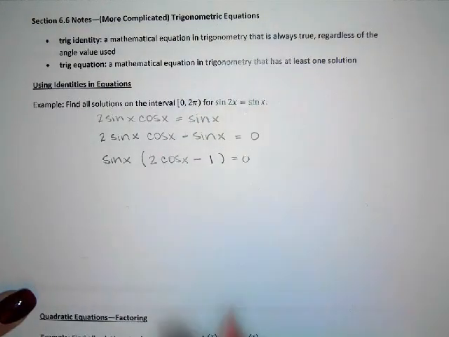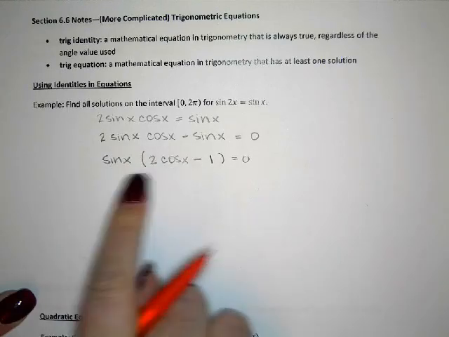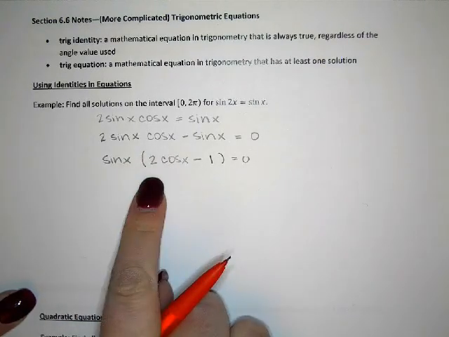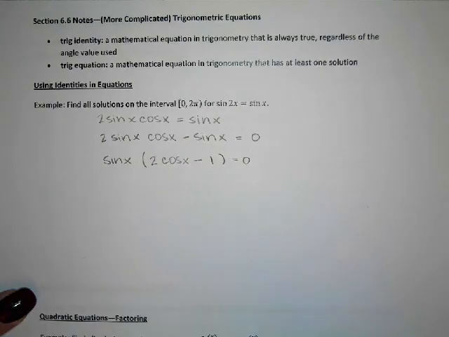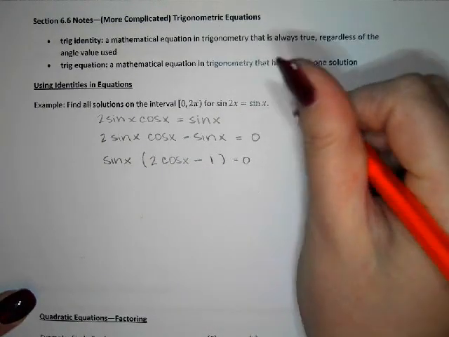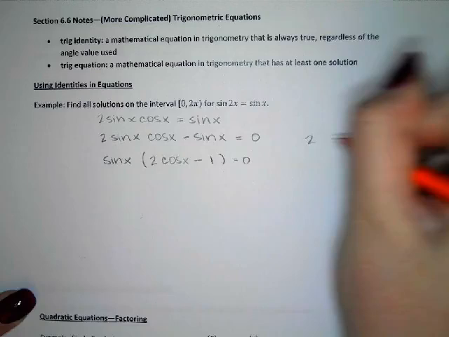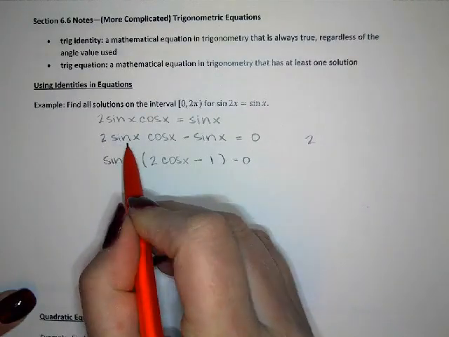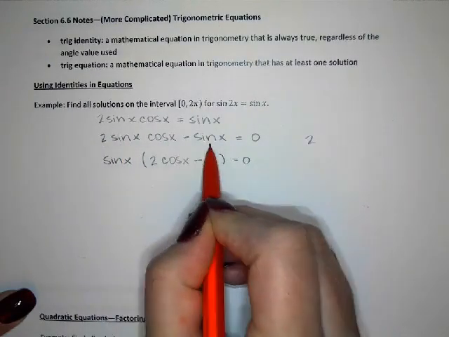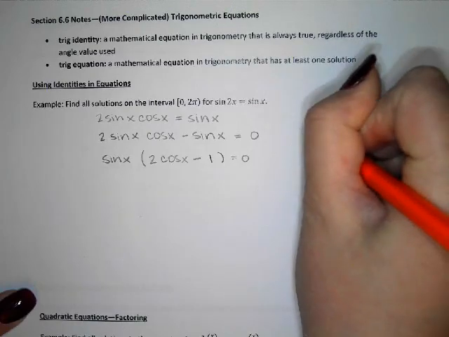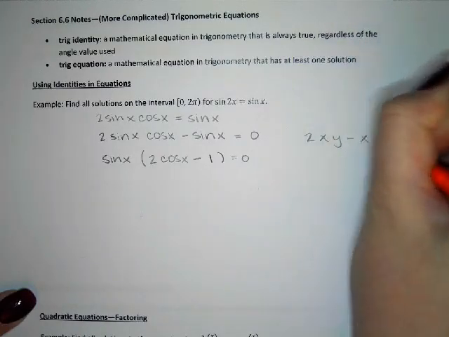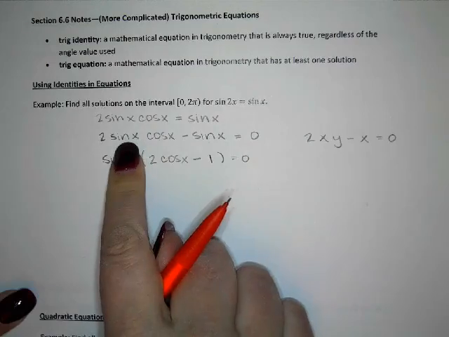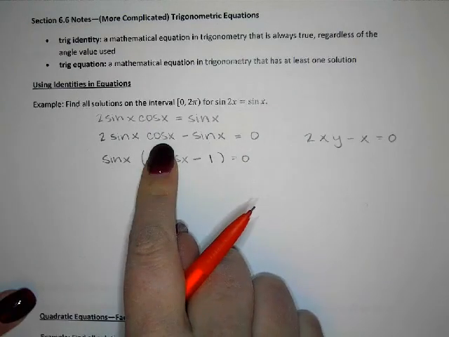If this is hard for you to visualize, if factoring in terms of trig is difficult, remember that we can always write it off to the side with regular variables. So I could say this is like 2xy minus x. I'm thinking of sine as being the x variable, cos as being the y variable.